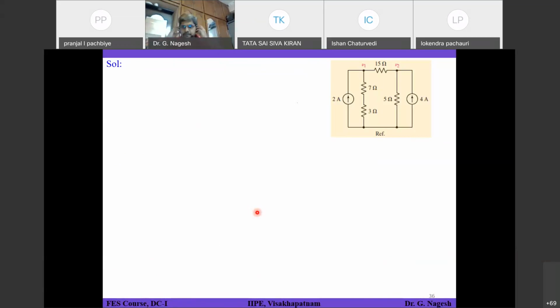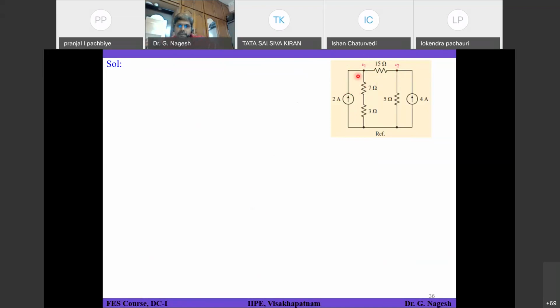In the last example, you saw that I can apply nodal analysis at node 1, and I can also apply nodal analysis at node 2. That means current coming out of the node through branch 1, through branch 2, and through branch 3, that is between V1 and V2.